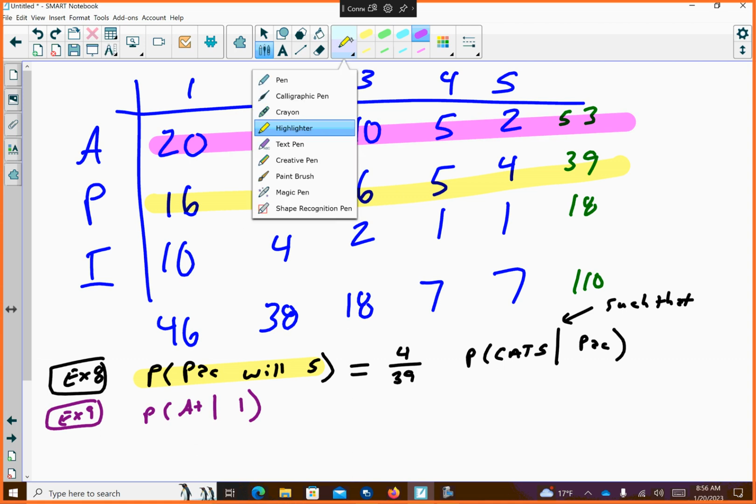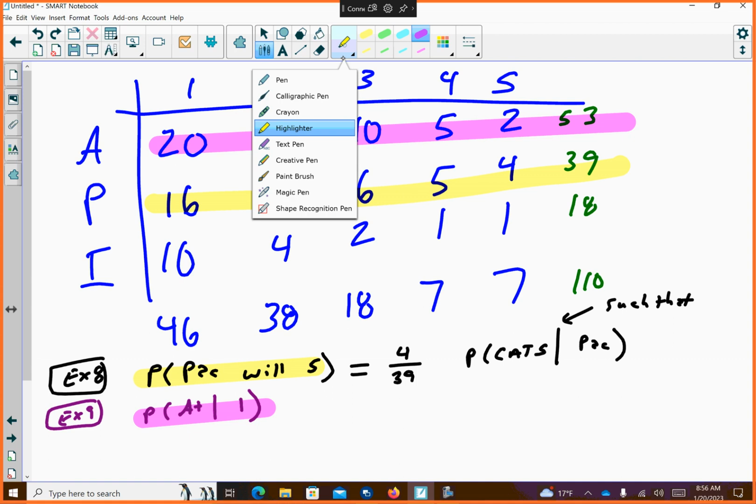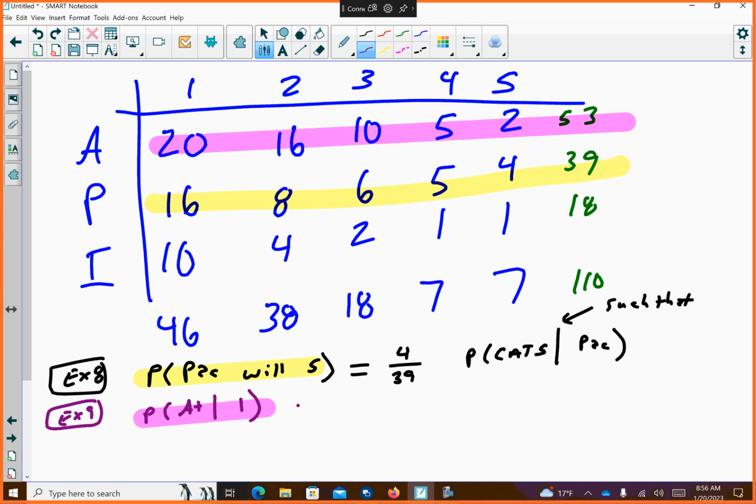That's all we're worried about on this one. So I'm going to say in the Atlantic Ocean, I have a total of 53. How many category 1s were there? There were 20. So again, you're not using the entire grid to do this.